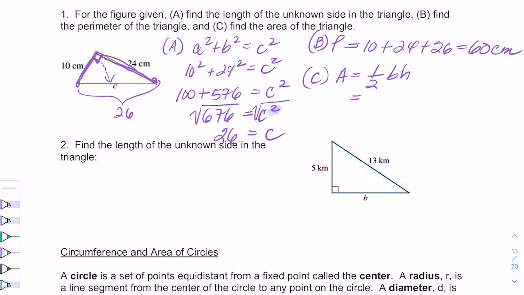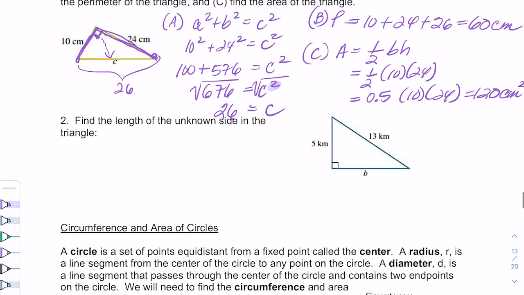So it doesn't matter which one's your base and which one's your height, you're just going to plug them in. So I've got 1/2 times 10 times 24. If you're typing this into your calculator, you can use 0.5 for a half. So 0.5 times 10 times 24 gives us 120. Remember, when you label area, it's squared units. So here, it's centimeters squared.